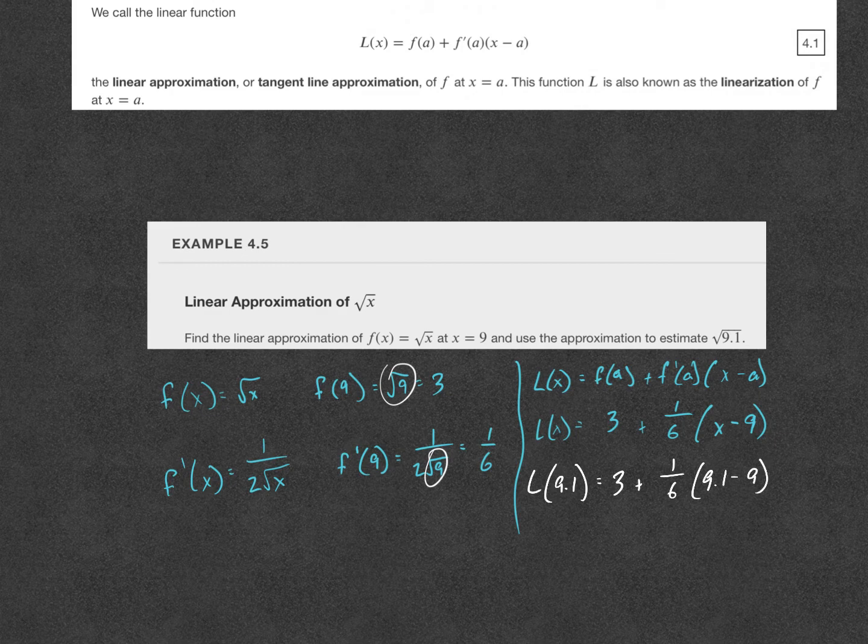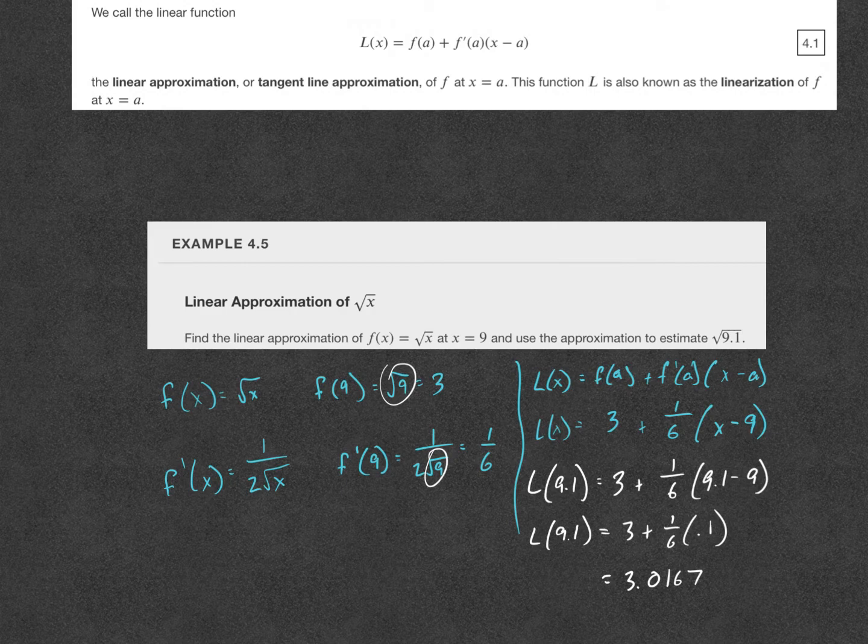That subtraction inside of the parentheses gives me 0.1, and so let's simplify. This is 3 plus 1/6 times 0.1 or 1/10. And so if I type this into my calculator, I get 3.0167. So that is my approximation for the square root of 9.1.